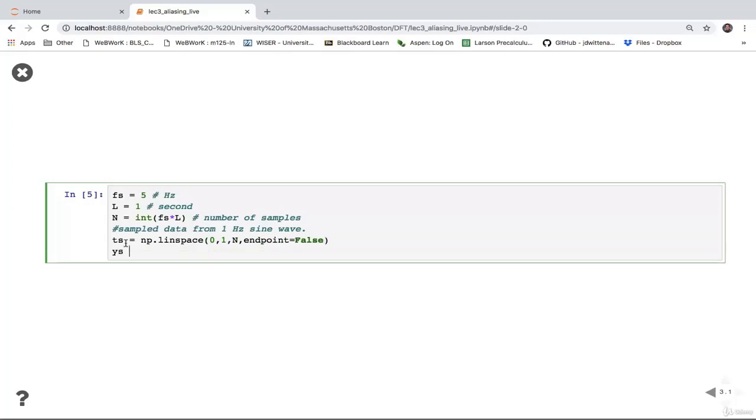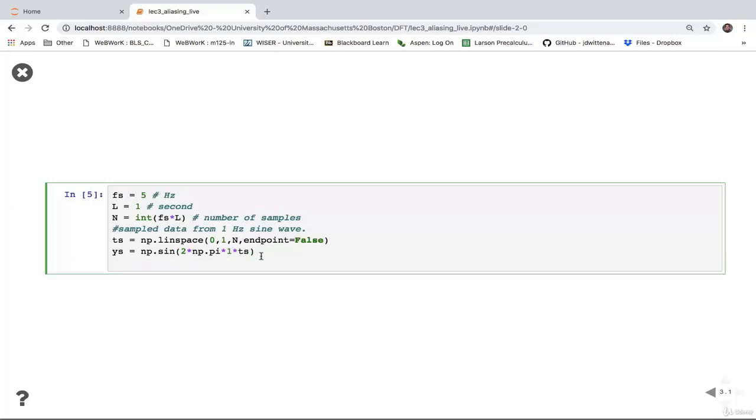Then my YS sample is np.sin. Let's just do a sine function, 2 times np.pi times TS. So this is a frequency. Let's put in this number 1 here. So this is a 1 Hertz frequency. And so let's plot this figure.